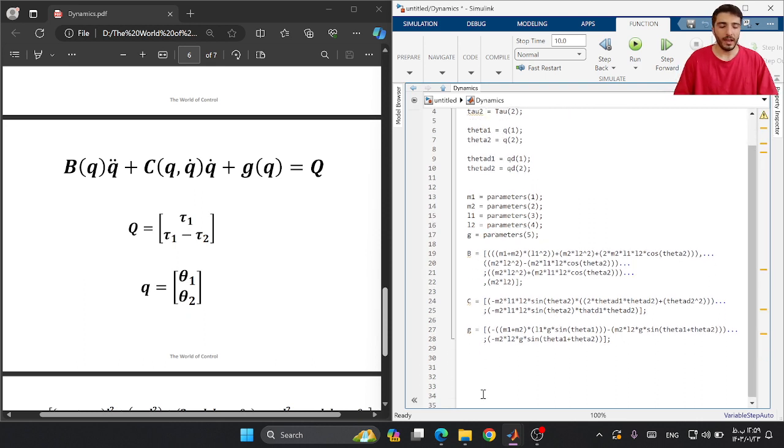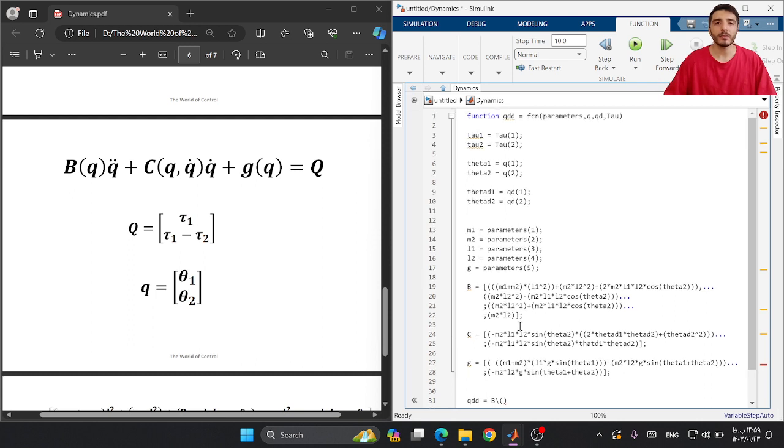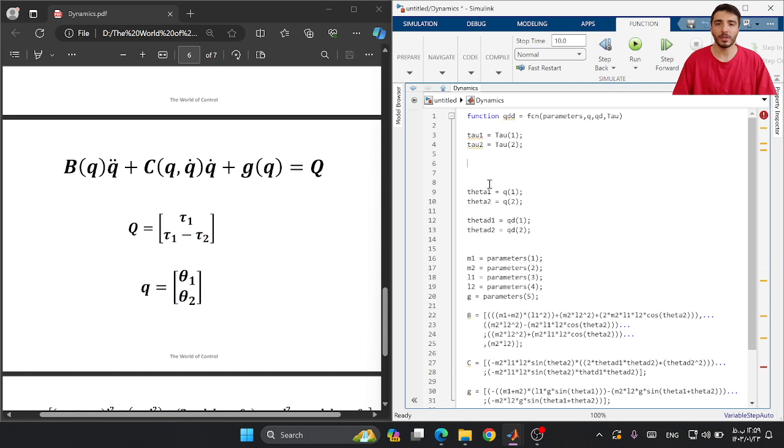Now we have our Q double dot equal to B backslash something. Backslash means B inverse times our terms. We have our Q, so we have to make our Q here.